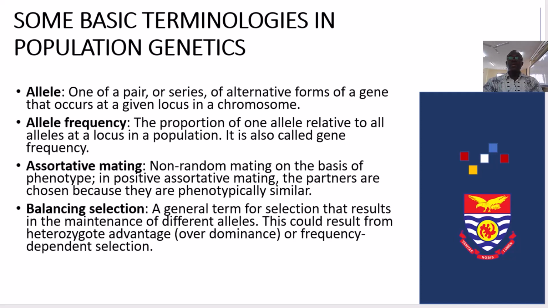Assortative mating: non-random mating on the basis of phenotype. In positive assortative mating, the partners are chosen because they are phenotypically similar. Balancing selection: a general term for selection that results in the maintenance of different alleles. This could result from heterozygote advantage over dominance or frequency-dependent selection.